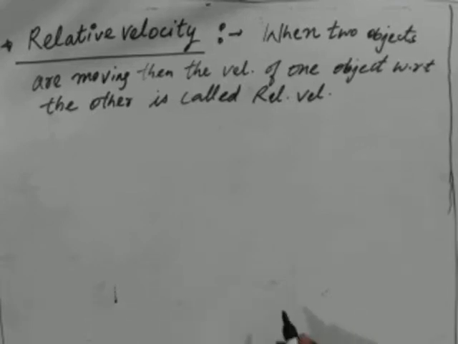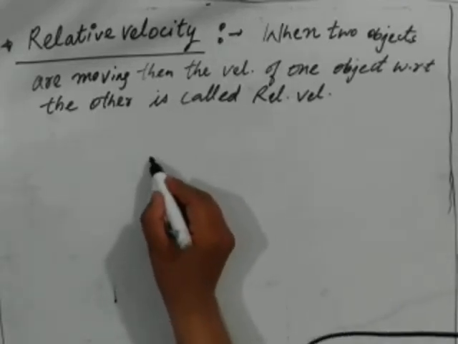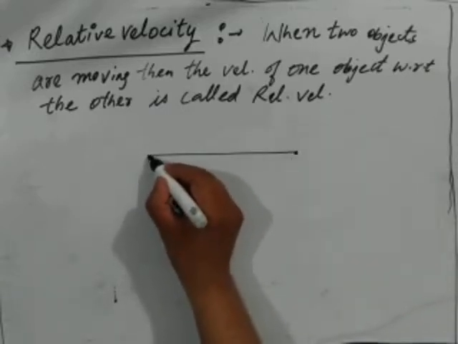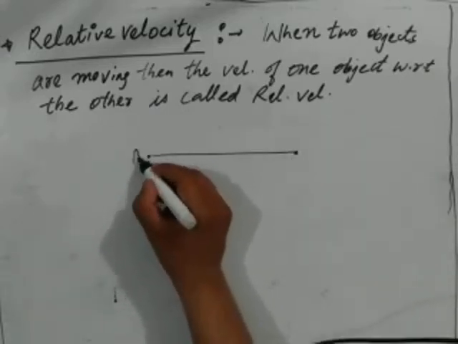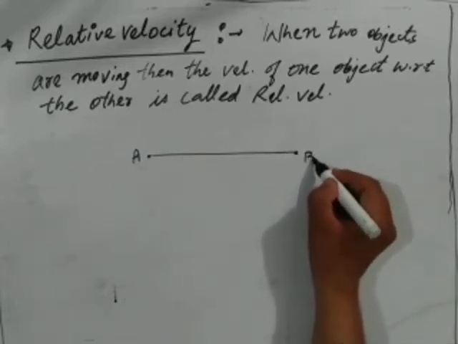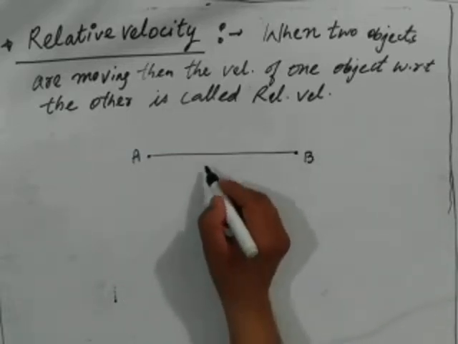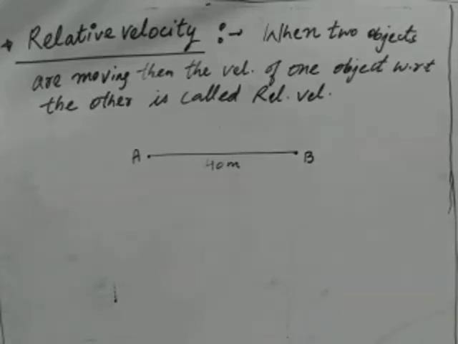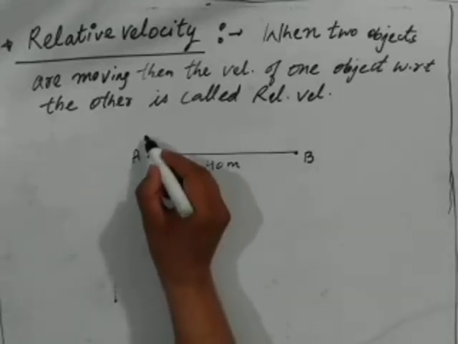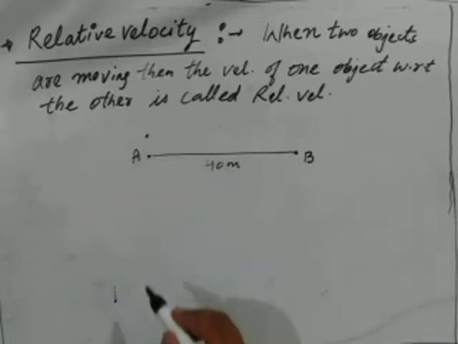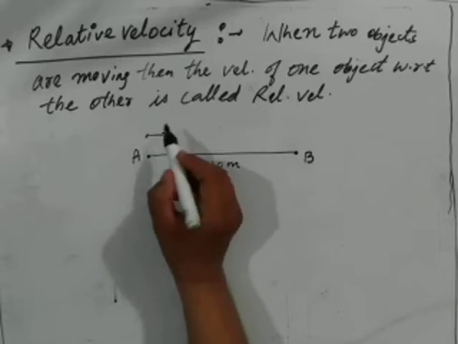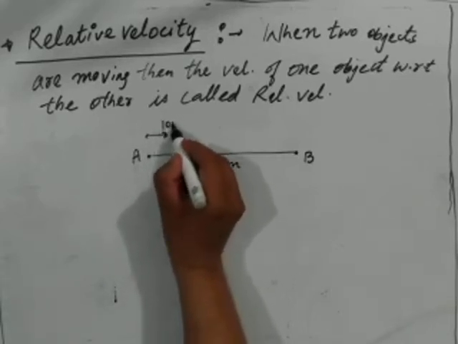Now to understand this, consider two objects lying at these 2 points, separated by a gap of 40 meters. Now consider the object lying at point A moves with a velocity of 10 meters per second.